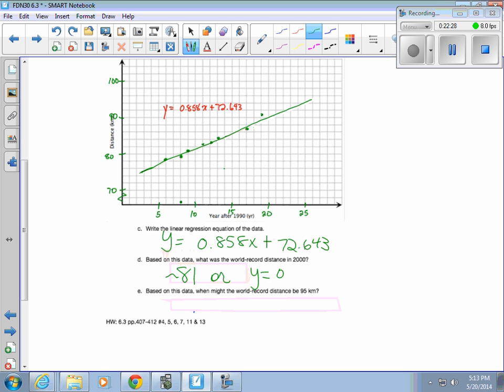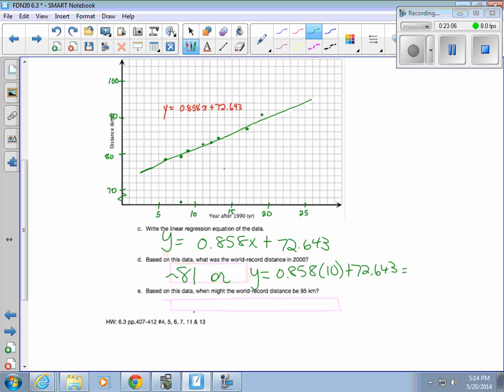Y is equal to 0.858 times 10 plus 72.643. That doesn't seem like it's going to be right, but it should. Not sure why that doesn't work. Have to check my math on that, but about 81 or 81.23.